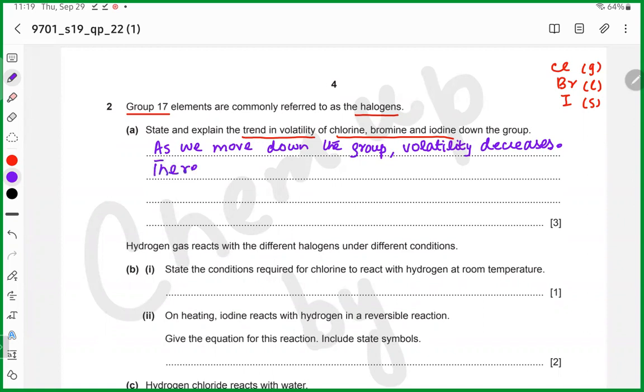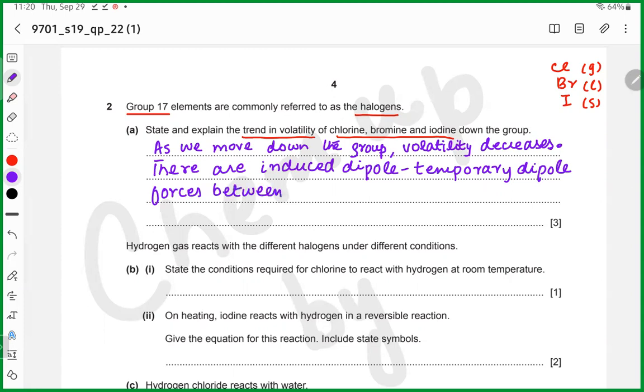First we can state that there are induced dipole, temporary dipole forces between halogen molecules.